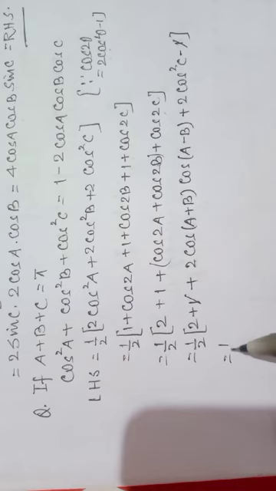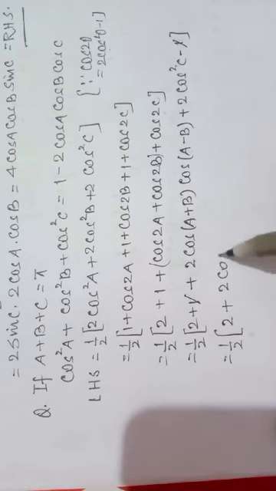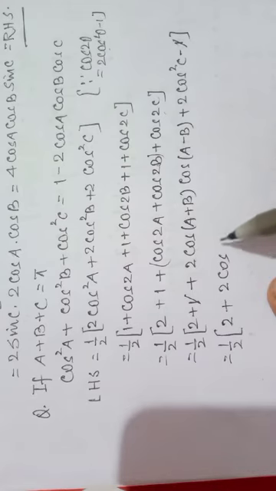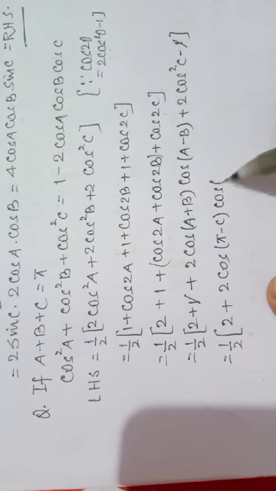Now, this should be written as 2 plus, convert accordingly to the condition, which means a plus b is pi minus c, into cos (a minus b).